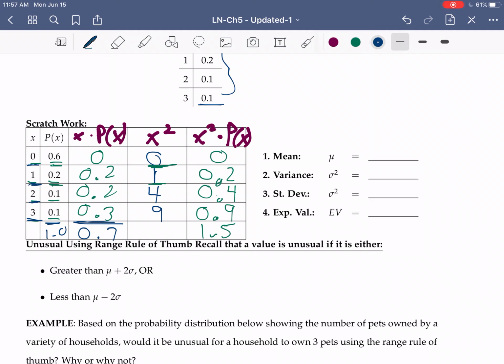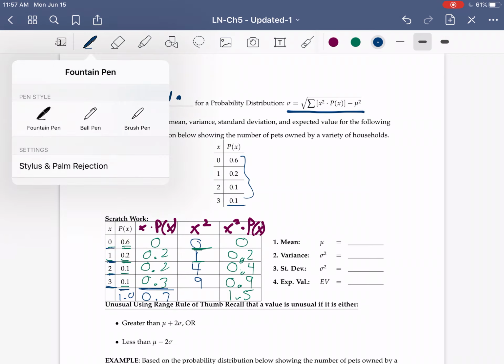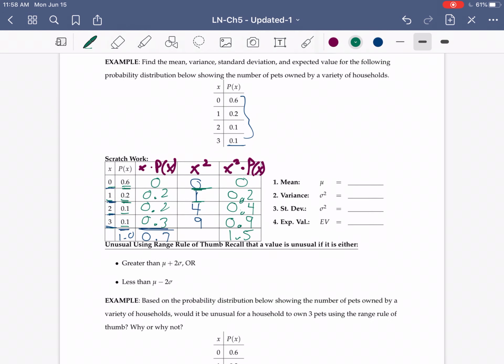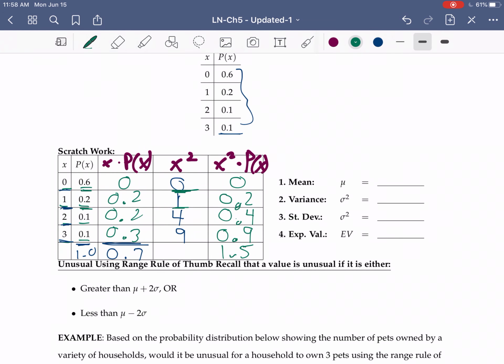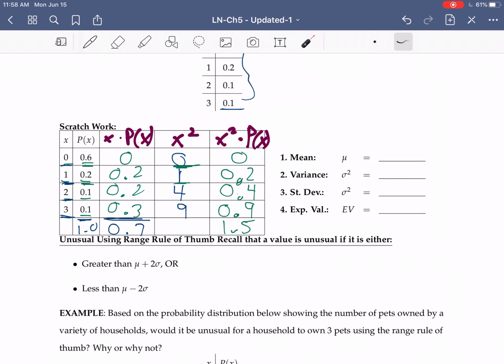So the mean, that value is the sum of x times p of x, which will be the 0.7 down here.